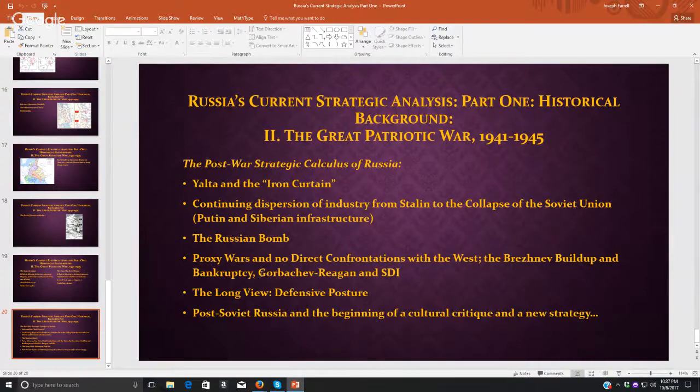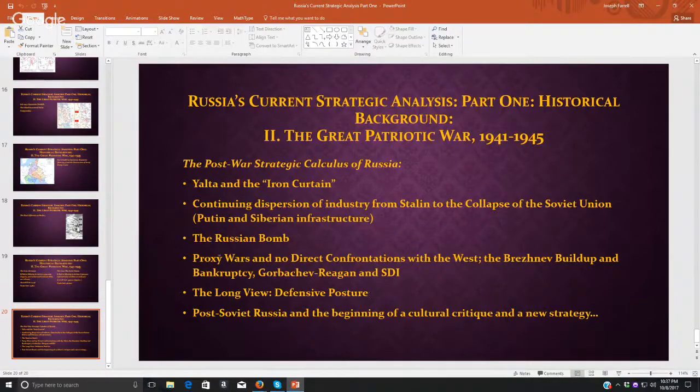The final crack in that is taken with Reagan's SDI program, which Gorbachev knew the Soviets simply had no money left to spend on trying to maintain pace. The long view, the strategic calculation after World War II, was that the Soviet Union had to be as defensive as possible and exploit any opportunity that it could.